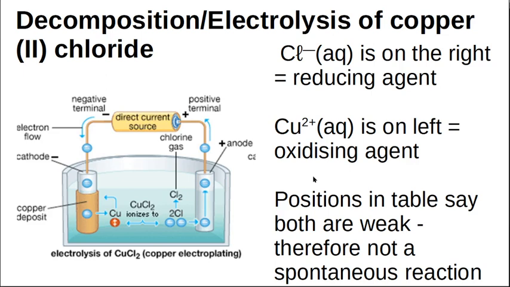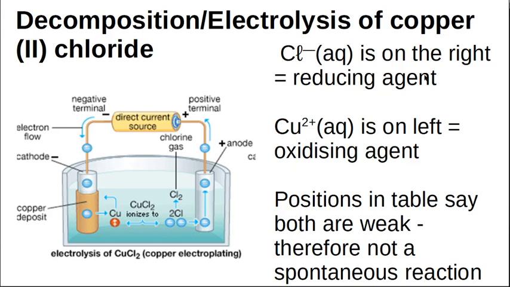This I've shown you in class: the decomposition or electrolysis of copper chloride. We've got Cl- ions and Cu2+ ions. Copper is the oxidizing agent and chlorine is the reducing agent, because if you look on the tables, the chlorine ions are on the right hand side of the arrows and the Cu2+ ion is on the left.